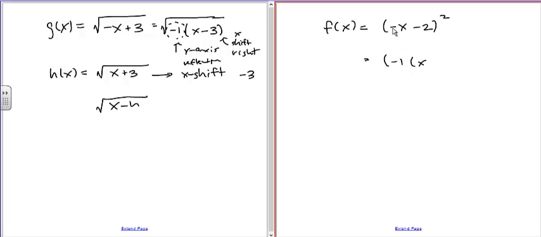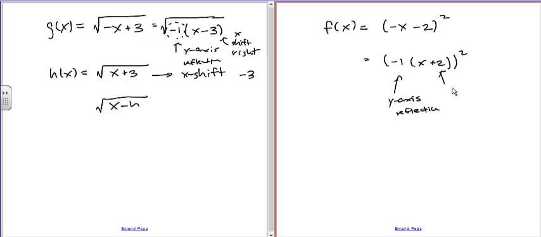So negative x divided by negative 1 is positive x. Negative 2 divided by negative 1 is positive 2. So this negative 1 is saying I have a y-axis reflection.